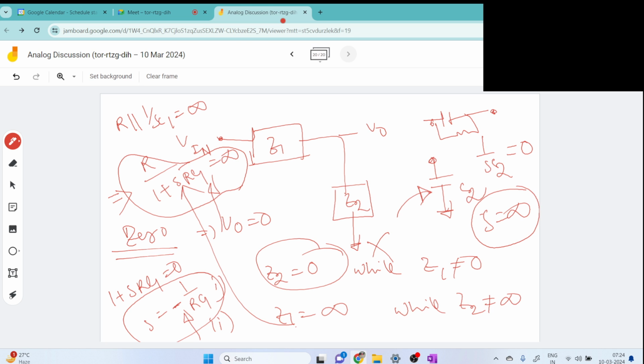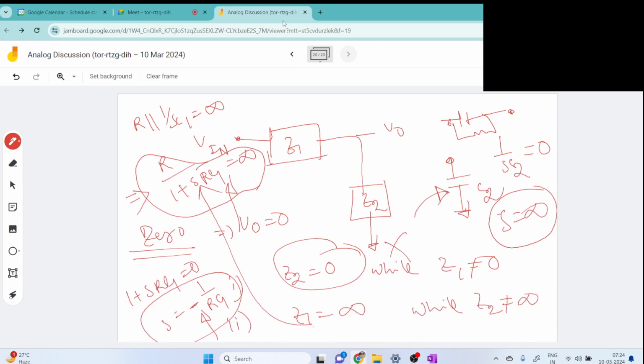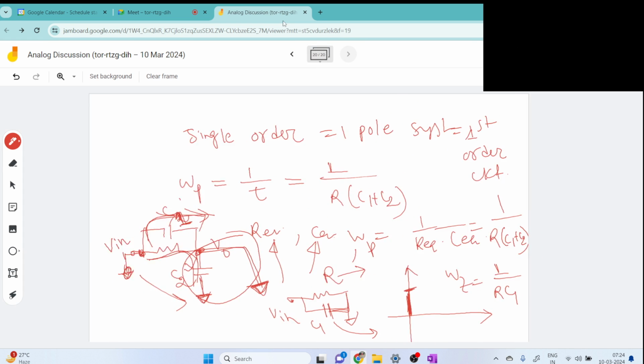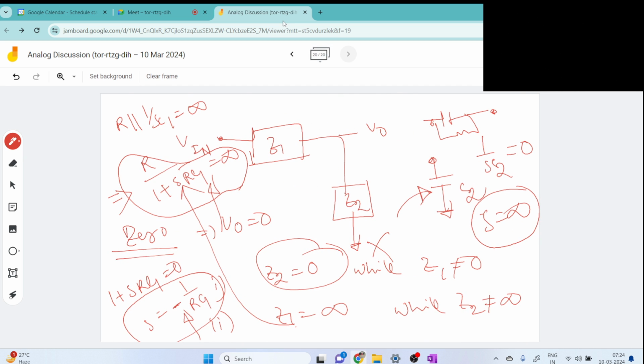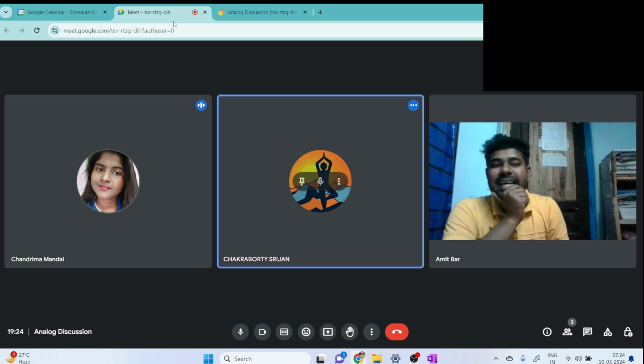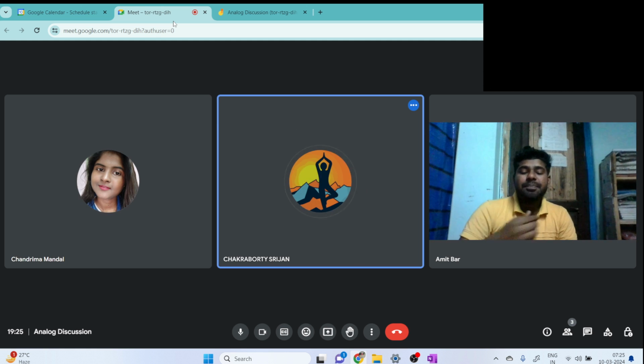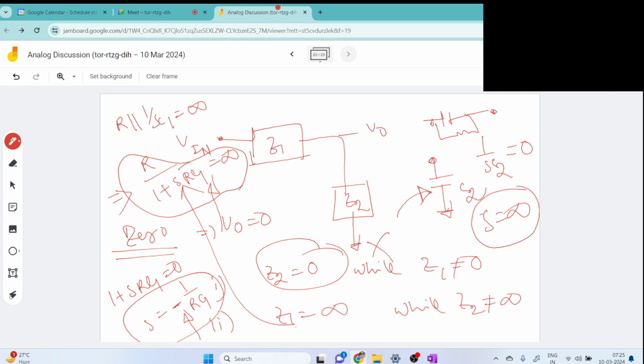This is the intuitive way; there are so many ways you can find poles and zeros. In the next class, we will discuss the right half plane and left half plane cases, the stability criteria. That will be more exciting. For a passive circuit this is very simple.